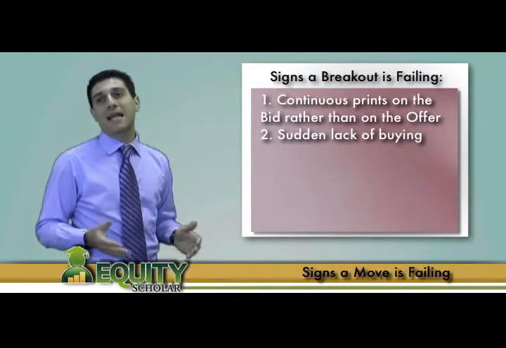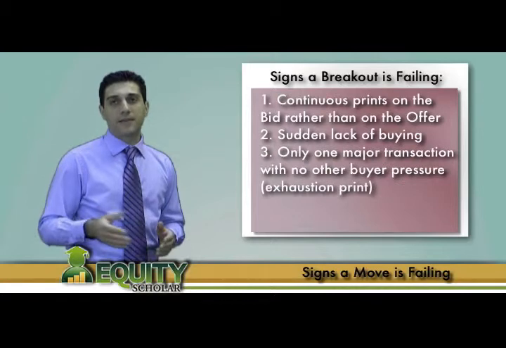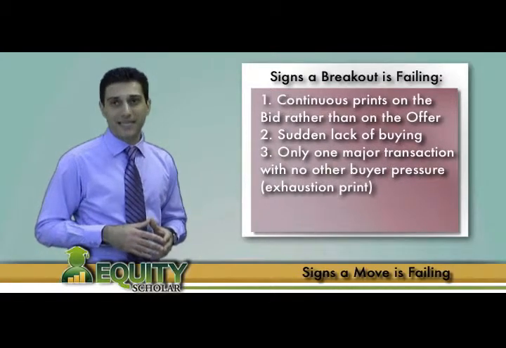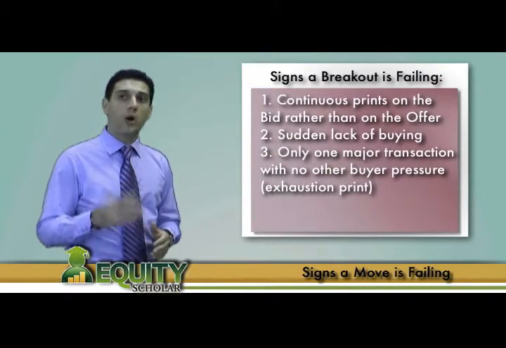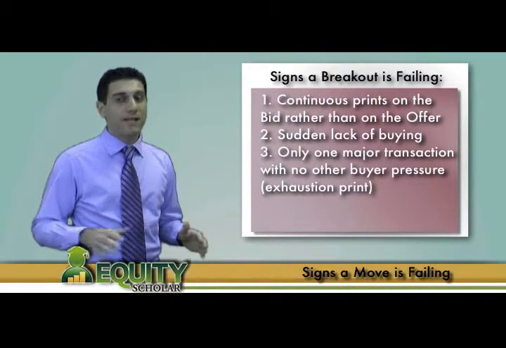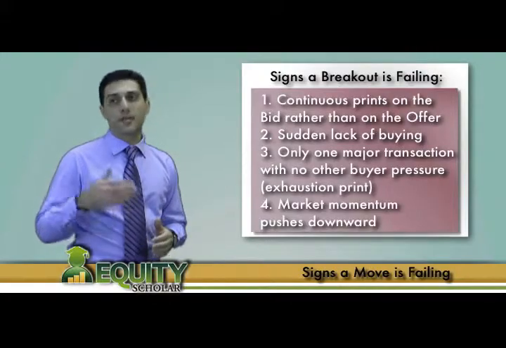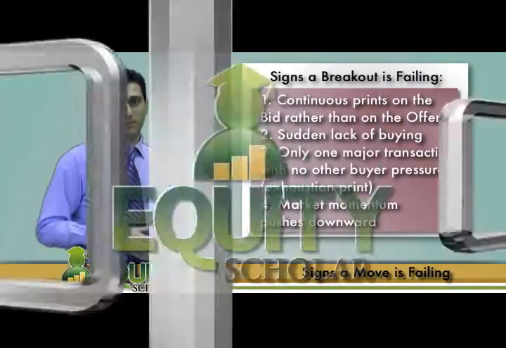There is a sudden lack of interest to buy from other traders. 3. There is only a single spike in price action caused by one large print, referred to as an exhaustion print, followed by no other buying pressure. And 4, the overall market momentum heads downward.